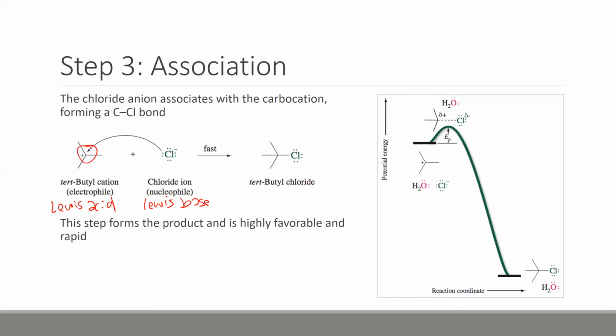And so you result with your alkyl halide. So now we have that same alkyl group, the same hydrocarbon group, but now bonded in a full bond with the chlorine. This is a very favorable reaction, and again, it's very fast.